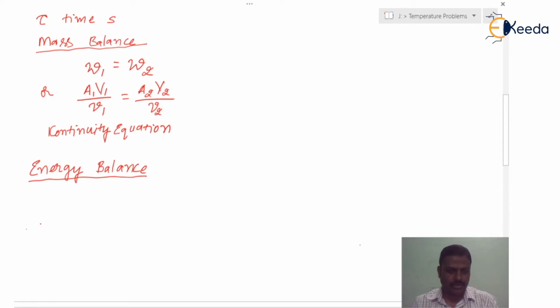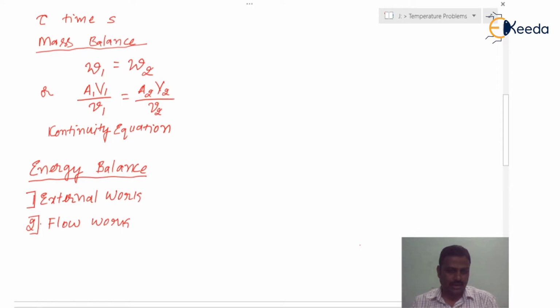In a flow process, work transfer may be of two types. The first one is external work, and the second one is flow work.